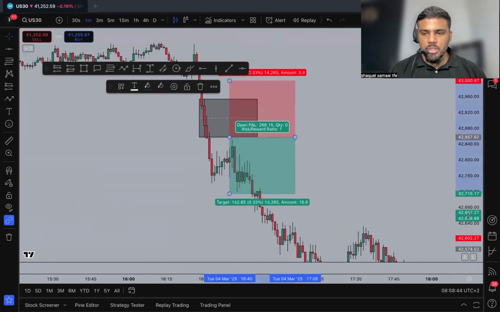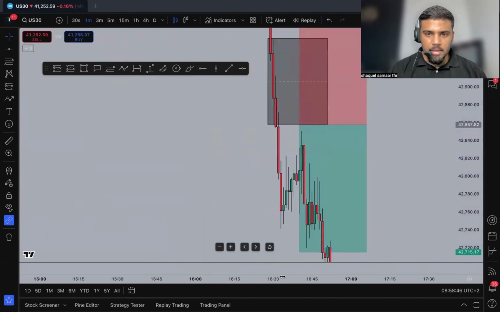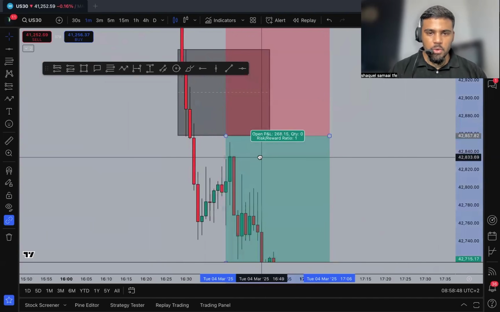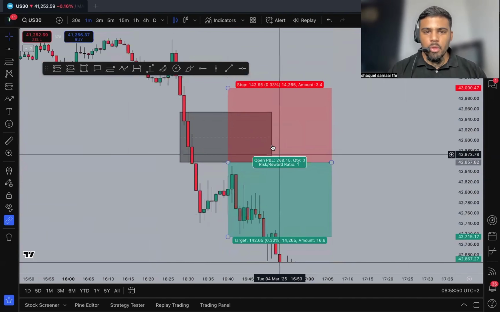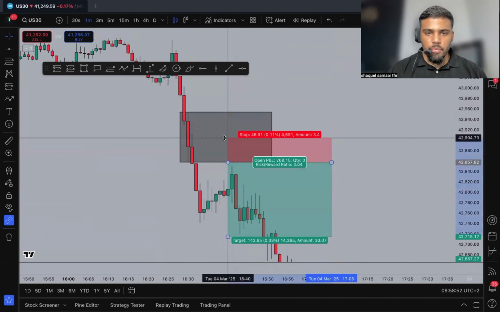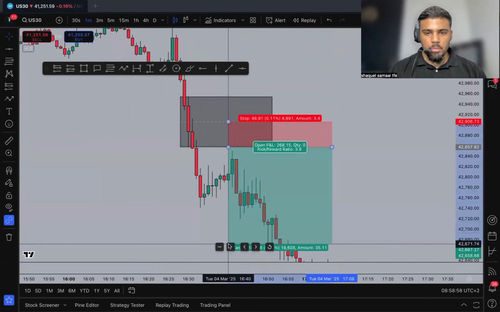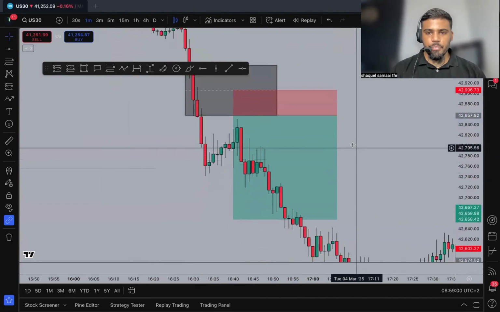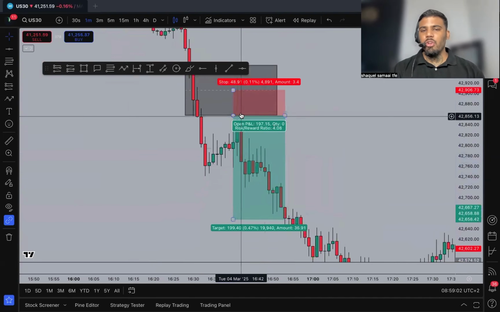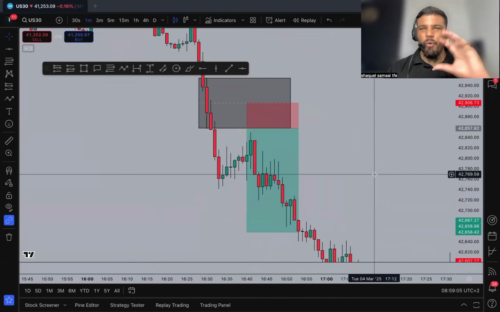It just missed the retest over there. It literally missed it. So again, I'm not going to force anything. You don't be forcing anything. The take profit should be 1:4, right? You don't want to force a trade. So Tuesday, no trade day.